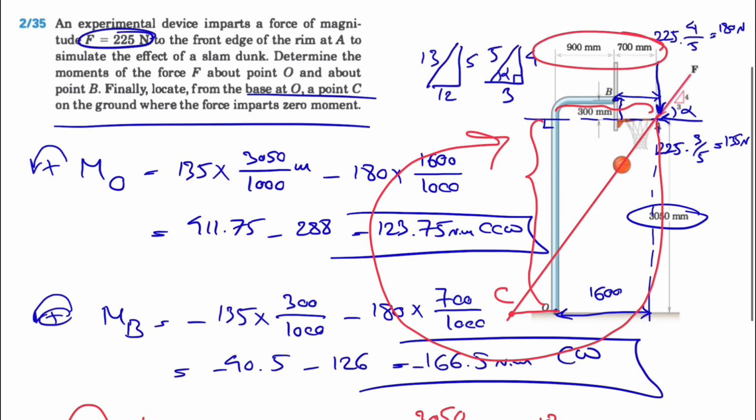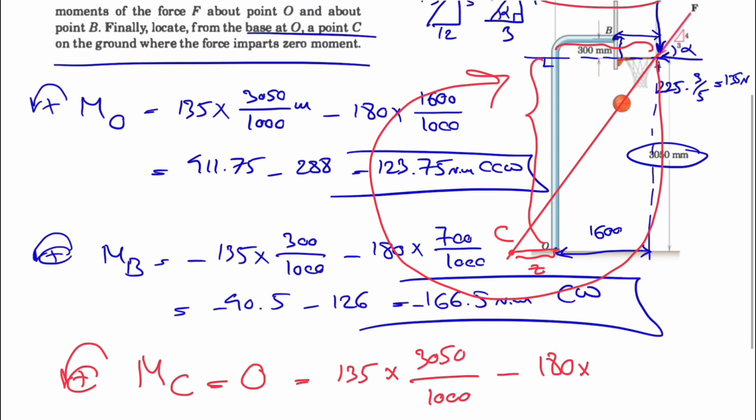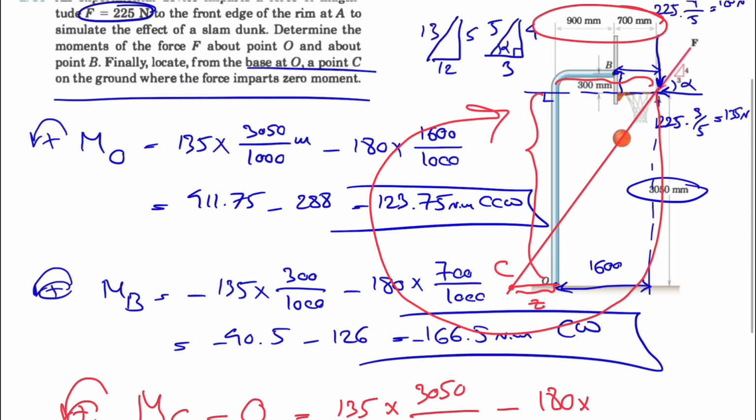That distance is 900 plus 700 plus the distance in here, which we can call Z.